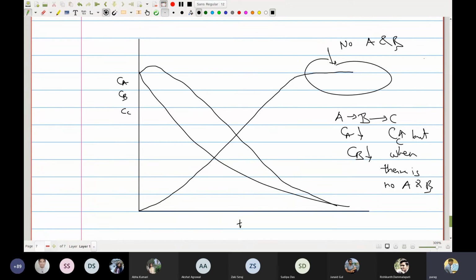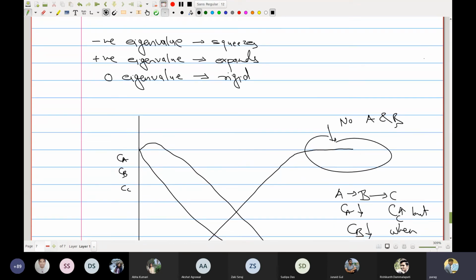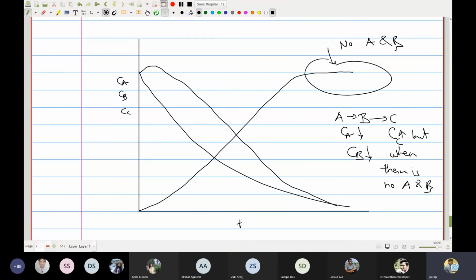But is it the same phenomenon as when you see negative eigenvalues? In this case, the eigenvalues are negative, right? Negative eigenvalues. So they are coming down here asymptotically.